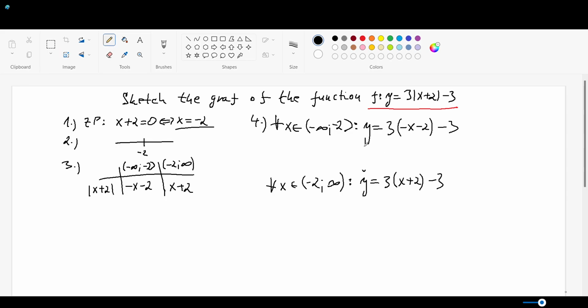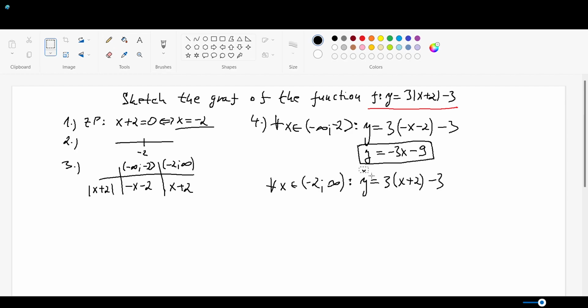So let me just make a little bit of space here. The first equation will be y equals 3 times negative x, which is negative 3x, 3 times -2 is -6, take away 3 is minus 9.